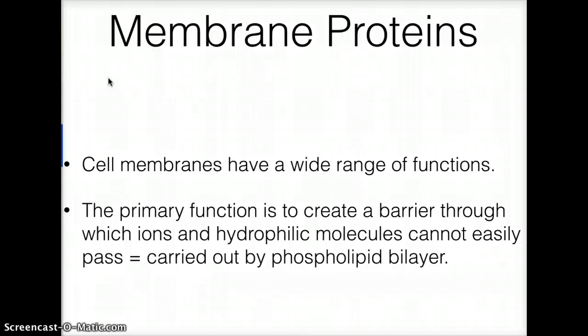The primary function is to create a barrier through which ions and hydrophilic molecules cannot easily pass. This is carried out by the phospholipid bilayer. We have hormone binding sites, and we'll talk about that in molecular biology. We have enzymes, cell-to-cell communication, channels for passive transport, and pumps for active transport. This will be discussed more thoroughly in the next video that Melissa is going to do.